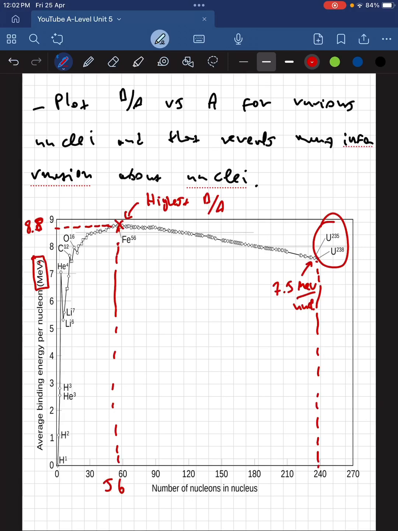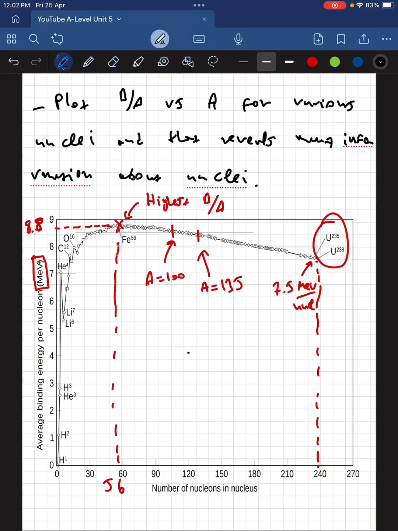If uranium-235 splits into a nucleus of mass number 100, for example, and another nucleus with mass number 135, it will create two nuclei with higher binding energy per nucleon. So this is the nucleus with A equal to 100, and this is the nucleus with A equal to 135, say. If uranium-235 splits, it will create more stable nuclei, because recall that the higher the binding energy per nucleon, the more stable a nucleus is. And this is indeed the case.